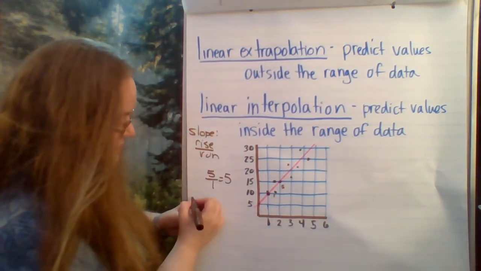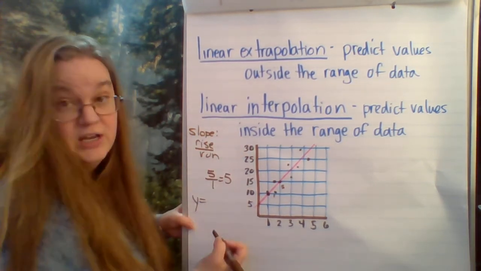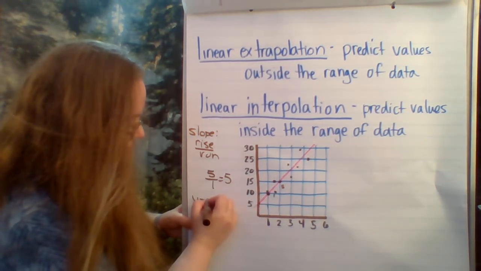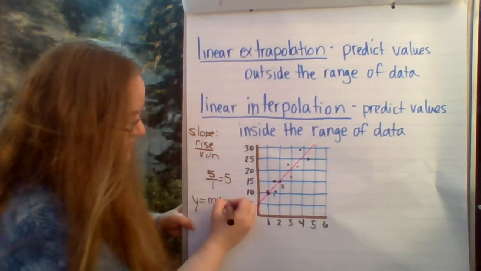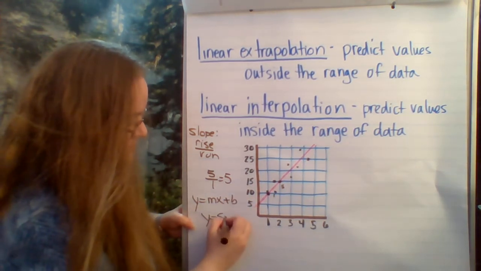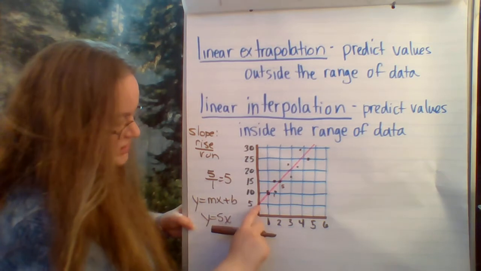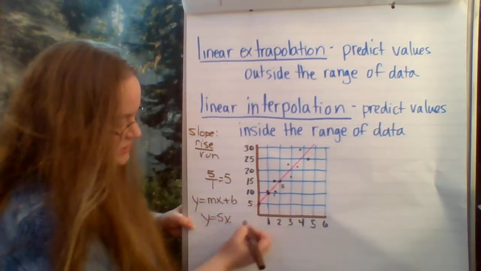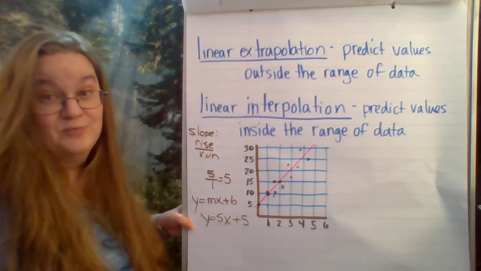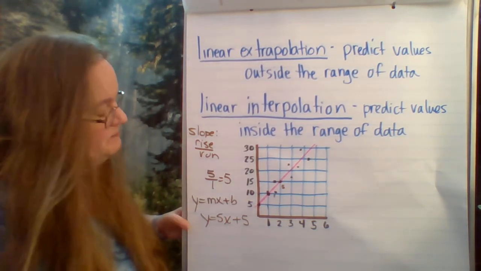So when I'm looking at my form, I'm just going to use slope-intercept form, because I can read the intercept pretty well right there. That's mx plus b. m is the slope, so I have a slope of 5, and I have a y-intercept where it hits the y-axis, looks like 5. So that would be the equation of my approximate best fit line.